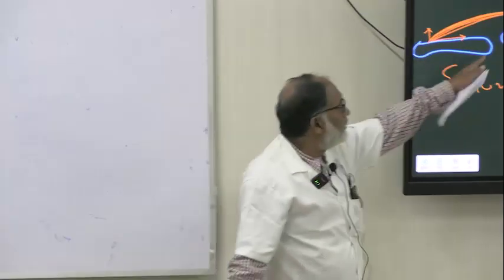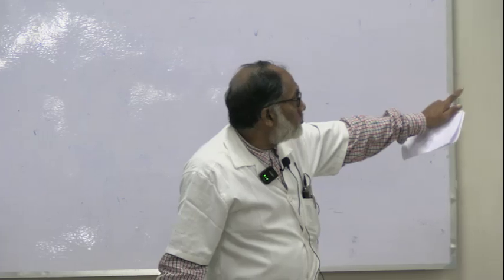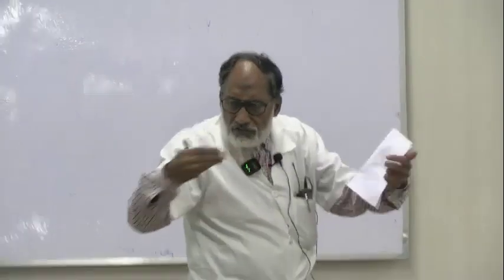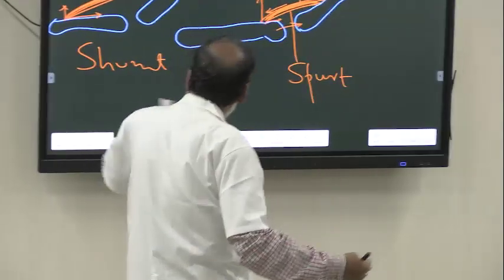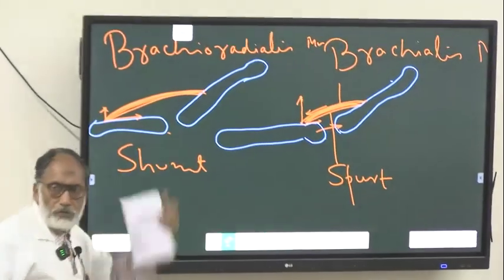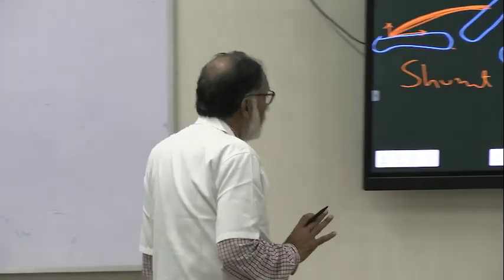This component actually stabilizes the joint. That muscle is called shunt muscle. Say shunting, like train shunting, connecting things. So it is shunting these two joints, so shunt muscle and spurt muscle. Sometimes you may be asked this question, shunt and spurt muscle. Is it clear?